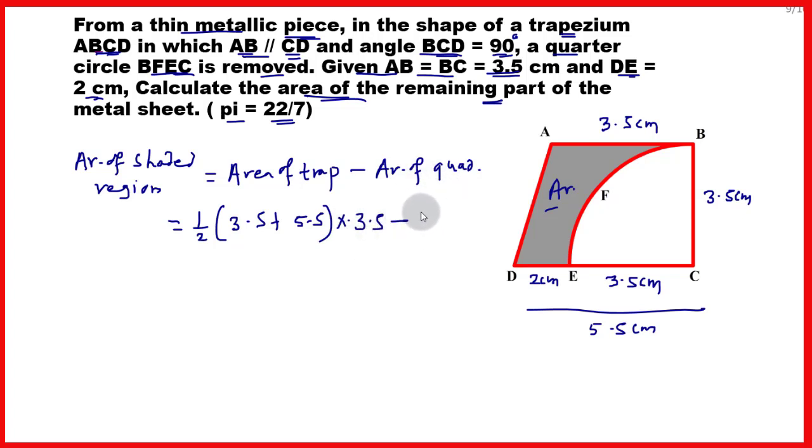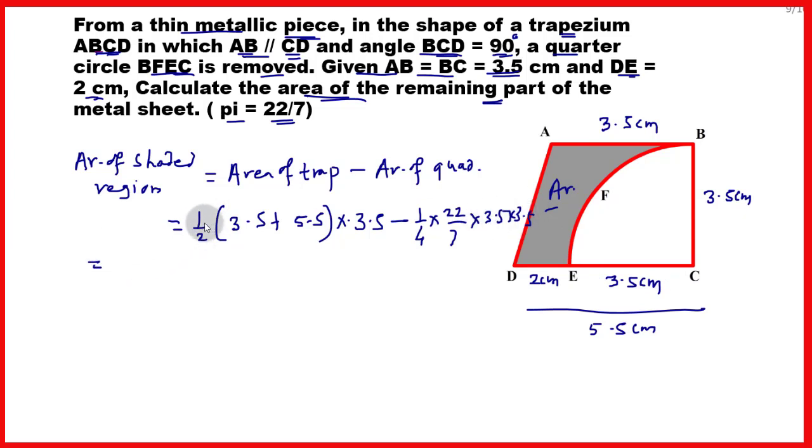minus area of the quadrant, that is 1/4 into pi r square. So that will be 22/7 into 3.5 into 3.5, because the radius is 3.5 and r square will be 3.5 into 3.5.